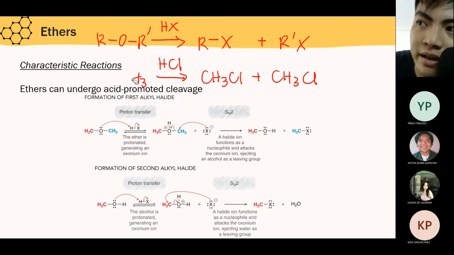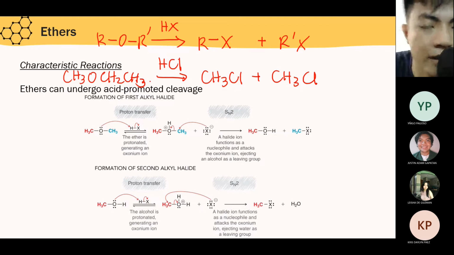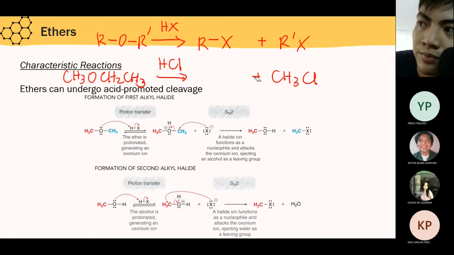But what if asymmetrical sila? Kunwari, nasa quiz, ganito. We have here methoxyethane, okay? Or ethyl methyl ether. So, paano yung mga products niyan? So, basically, itong CH3, kopyahin mo lang.